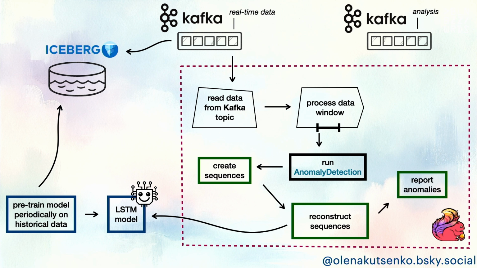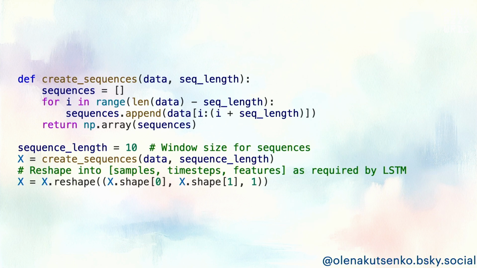And then we compare those reconstructed sequences to the created ones, and those anomalies then go back to an Apache Kafka topic. For LSTM, we also have a number of different libraries in Python which you can use.